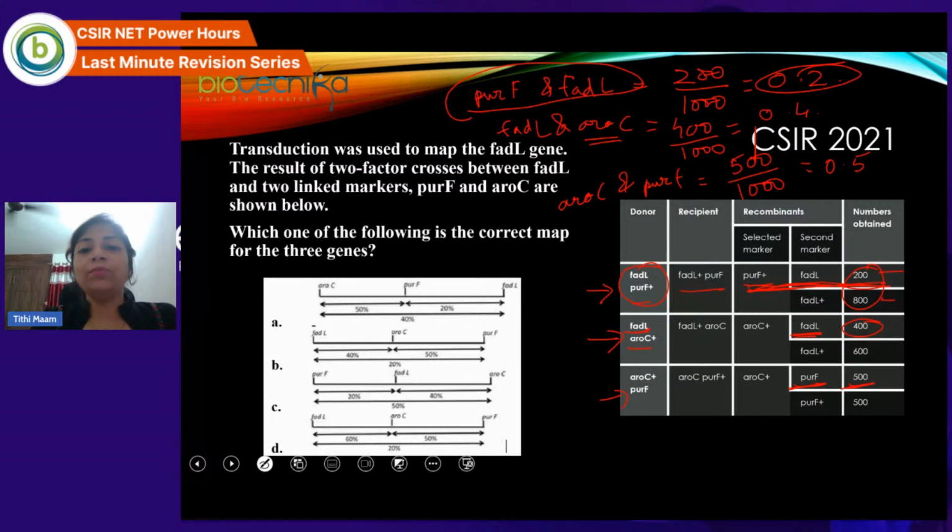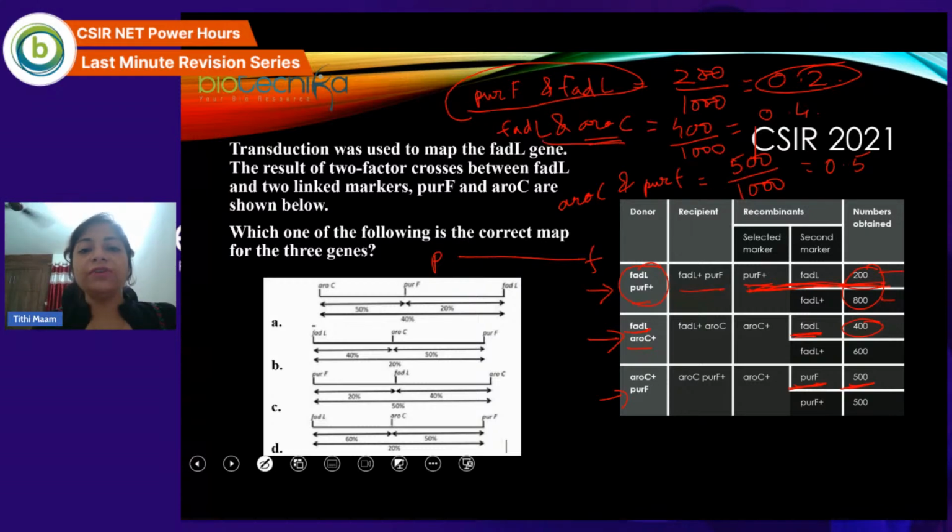So will it be more towards FADL or PERF? Again, you can find out by co-transduction frequency. PERF and FADL are the farthest. Now AROC will be present more towards FADL or more towards PERF? We can find that with their co-transduction frequency.